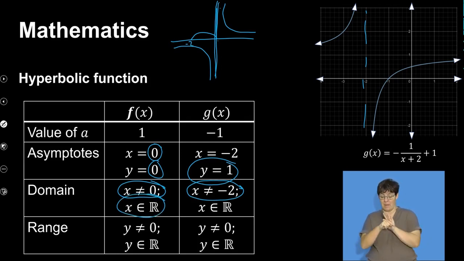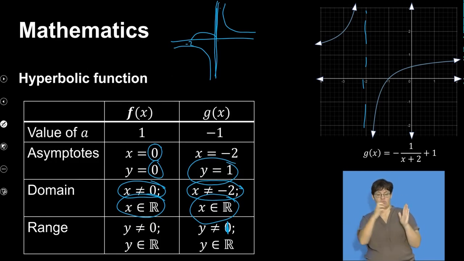And then, all the other values are defined, hence x is an element of real numbers. And similarly with the range, it's the same thing, but with the new one, it's actually 1 and not 0. And that's how you then analyze and interpret two graphs that you have changed parameters of.